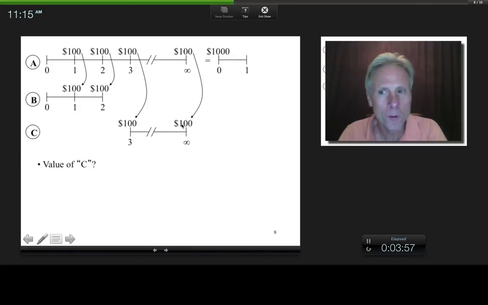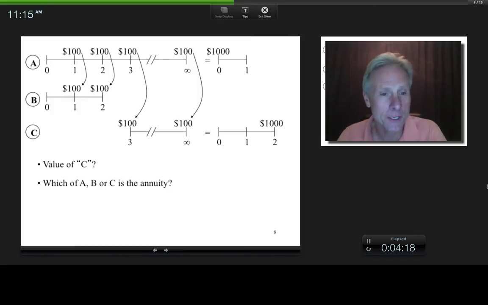So 100 over 0.1, that's 1,000. So this is $1,000, but at what time period? Is it the same time period as the first 100, or is it one period earlier? It's one period earlier. So C is worth $1,000 at time period 2.